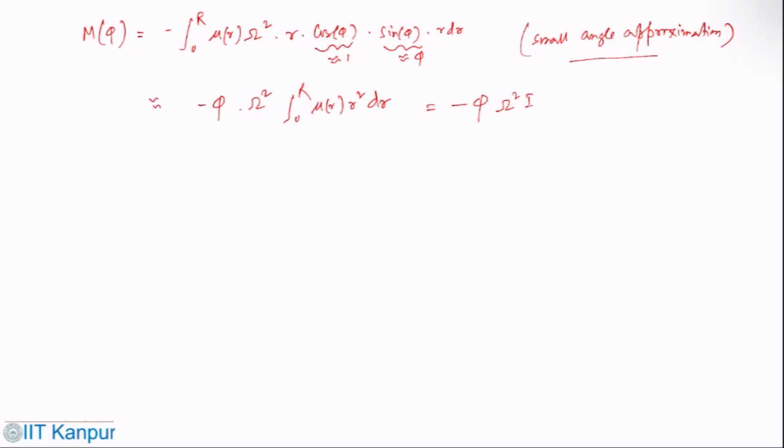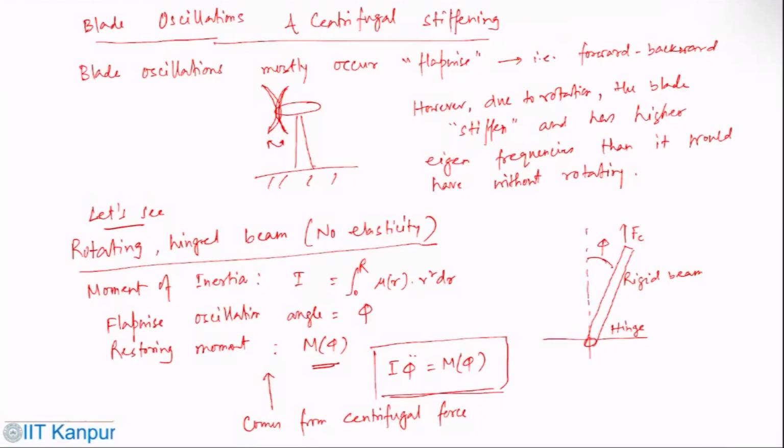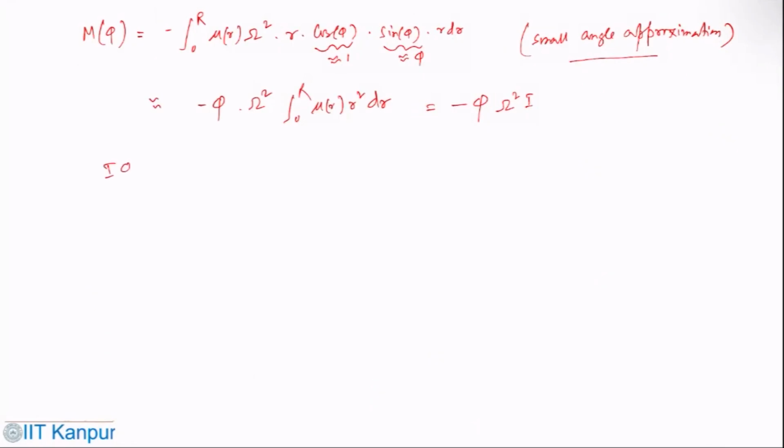Now if we put this back in this equation, what we have is I phi double dot equals minus omega square I phi.